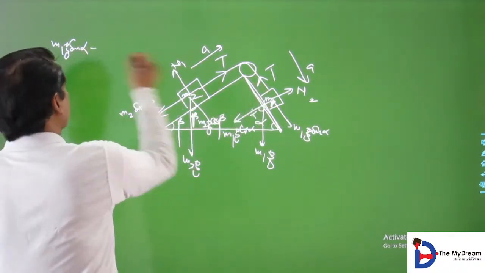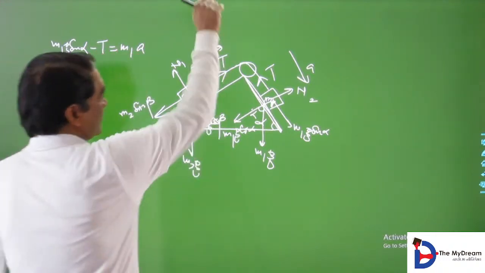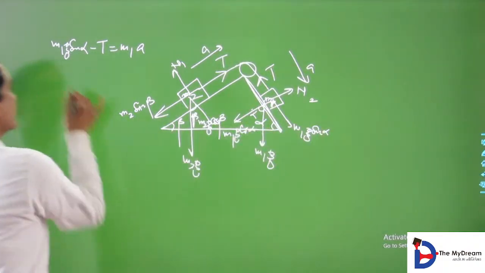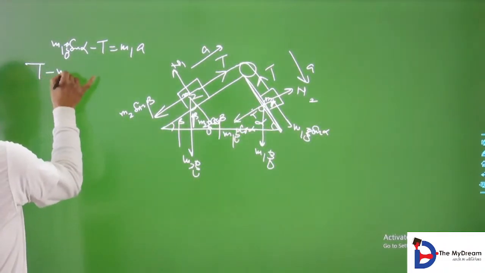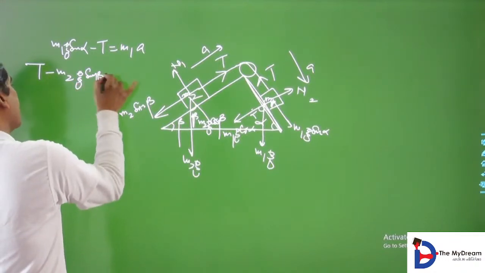So m1g sin alpha minus T is equal to m1 a, as the system is moving like this. So T minus m2g sin beta is equal to m2 a.